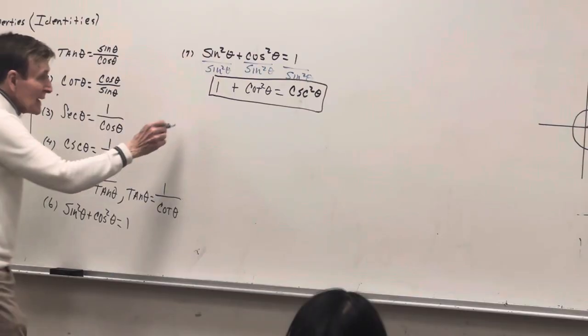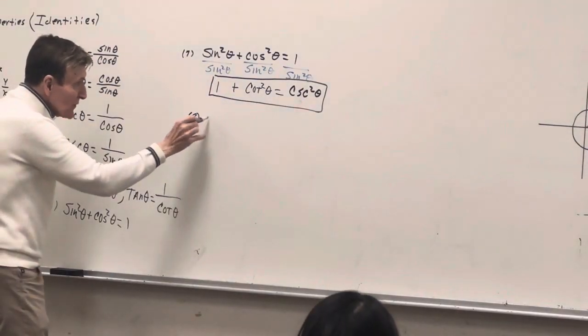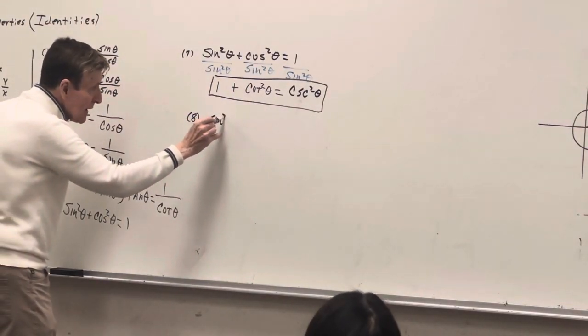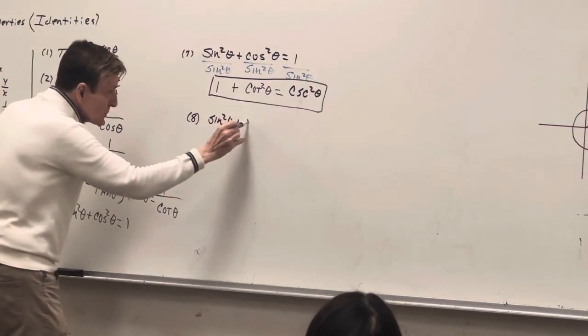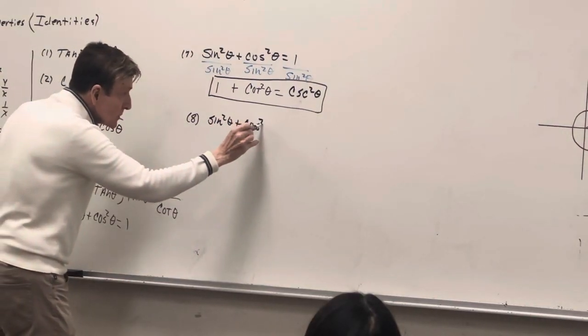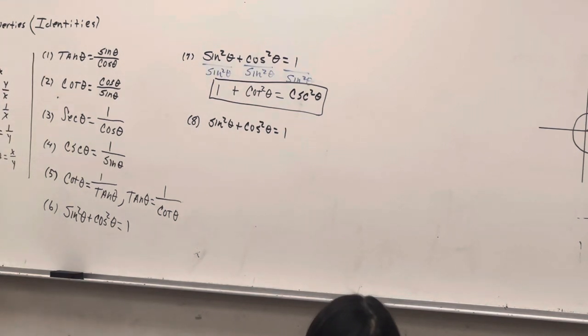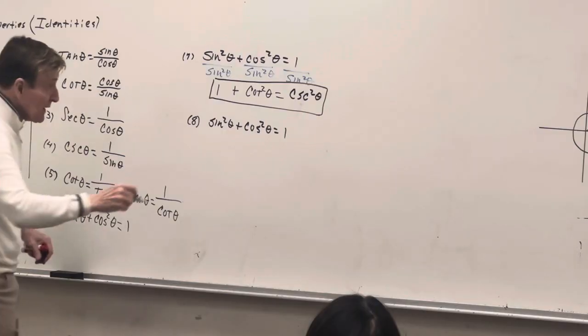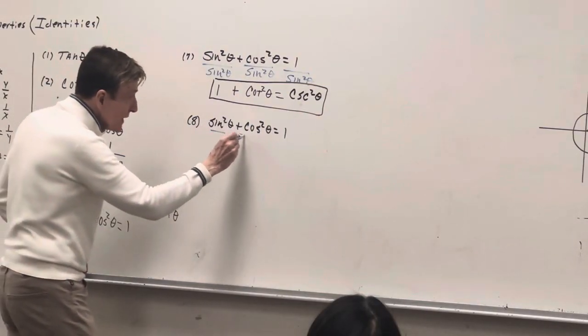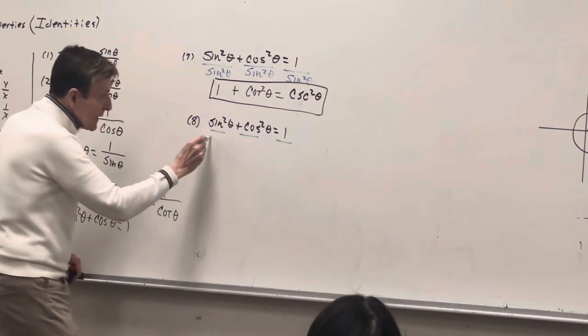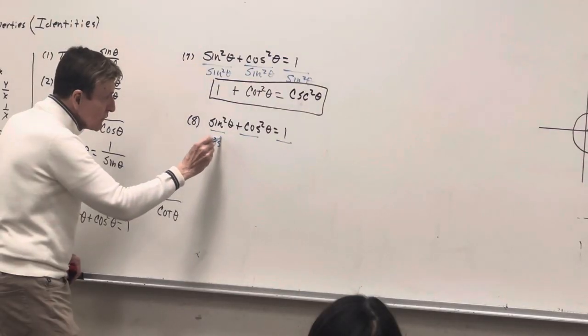Number 8, they're asking me to go back to this, which you guys gave me earlier and which definitely is true, and modify it one more time and come up with the last fundamental basic identity. Now go through and divide everything by cosine squared, and rewrite. Let's see what it looks like.